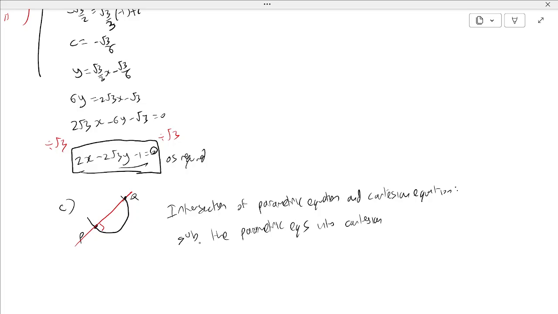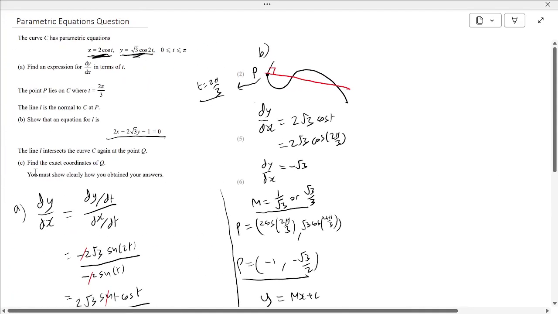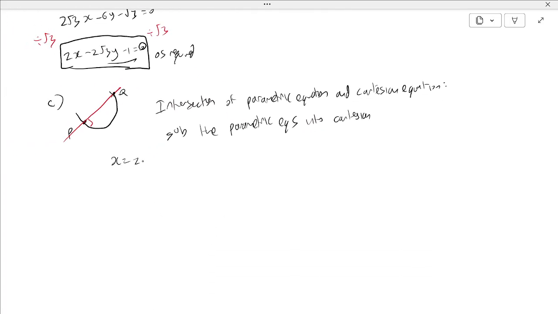So what do I mean by that? What I mean is my parametric equations were x equals 2 cos t, y equals root 3 cos 2t. So you can substitute these into the Cartesian equation you have.